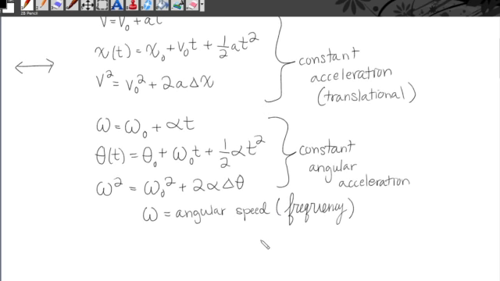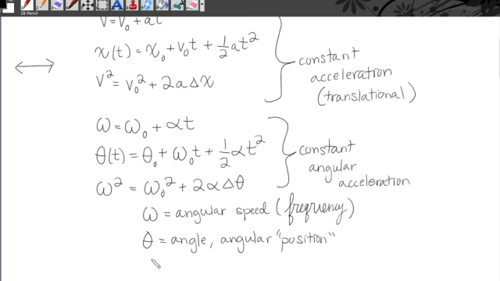And as you can probably guess, theta is just angle or angular position, which is pretty much angle. I'm just calling it position to show that it's the equivalent of this, albeit in rotational motion.